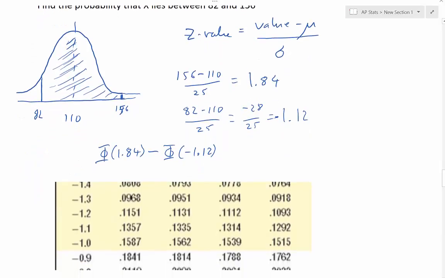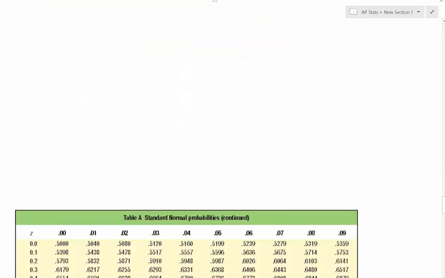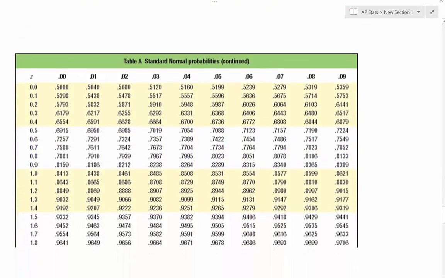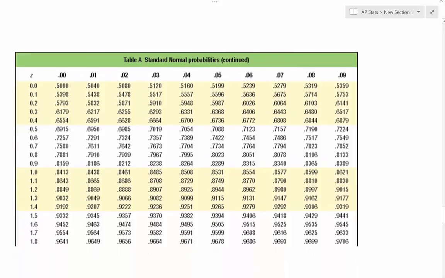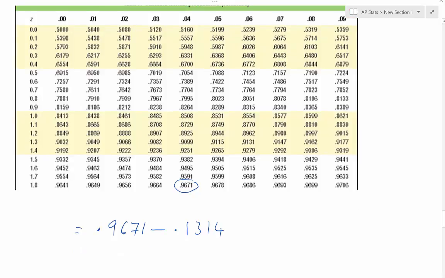Well, the area below minus 1.12 is easy, 0.1314, and the area below 1.84 is 0.9671. So the answer is 0.9671 subtract 0.1314, which is 0.8357.